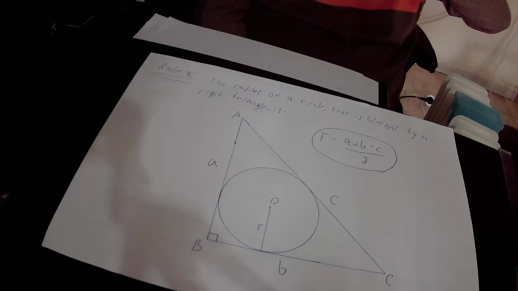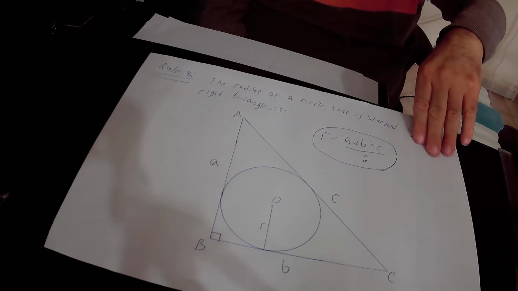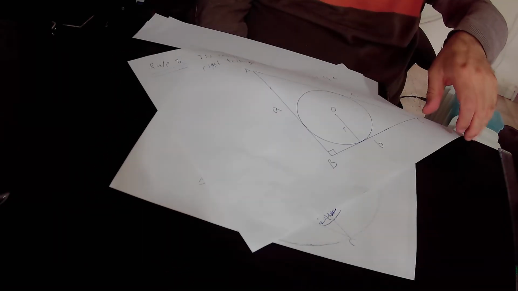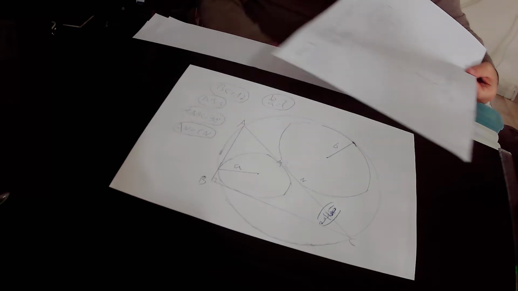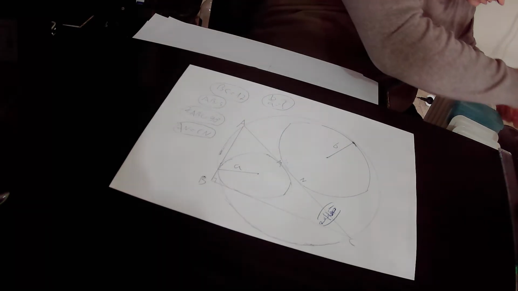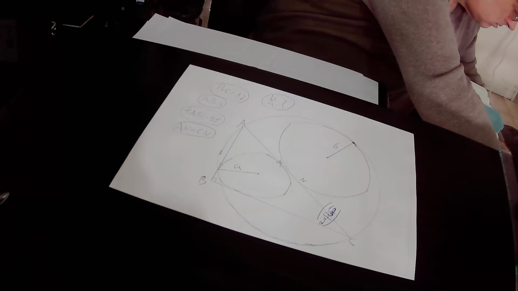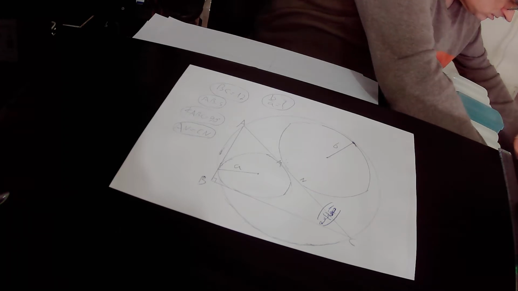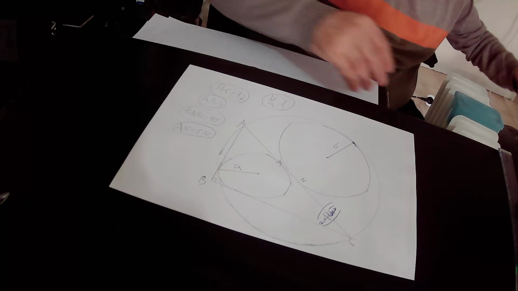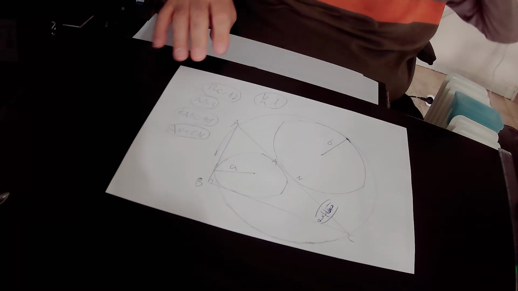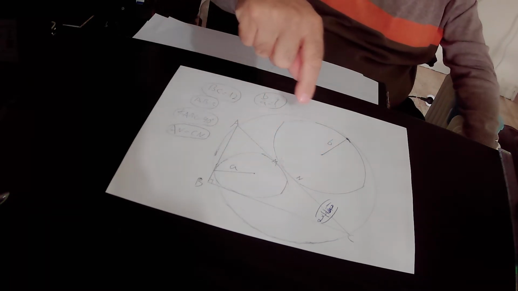Okay? You can implement rule number 8 in our drawing. In our drawing, we have the right triangle ABC that blocks this circle.